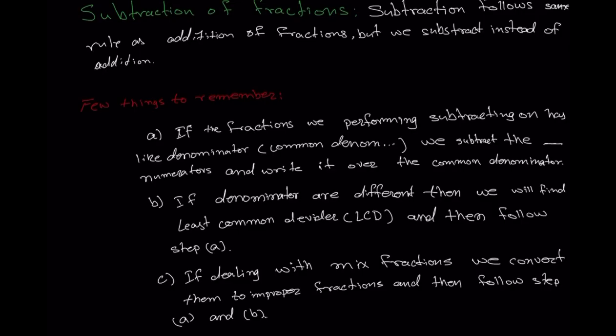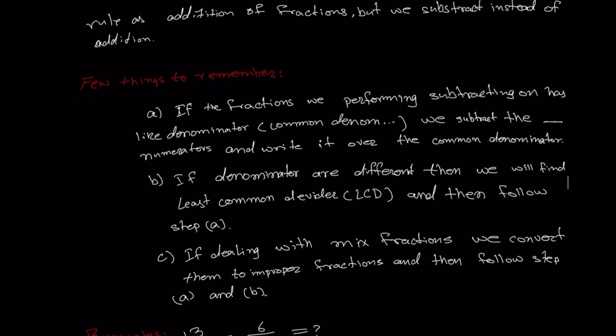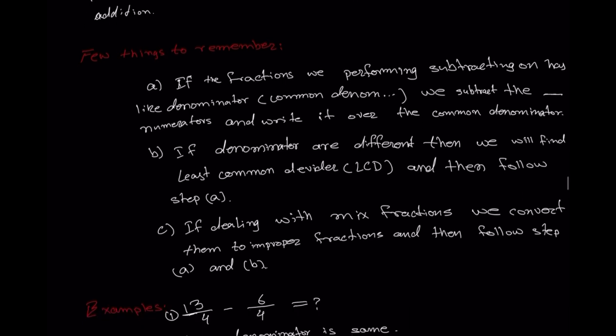Let's talk about subtraction of fractions. Subtraction follows the same rule as addition, but instead of adding, we subtract. There are a few things to remember. If the fractions we are performing subtraction on have like denominators, or their denominators are the same, then we subtract the numerators and keep moving.